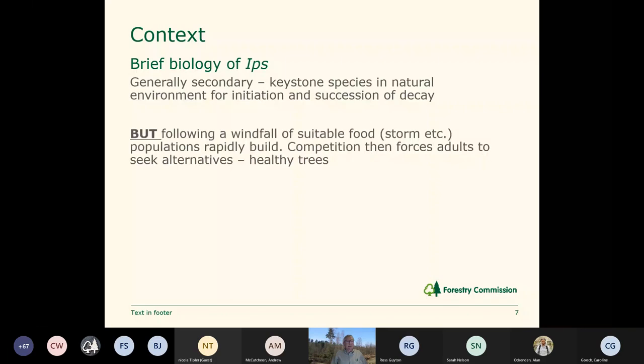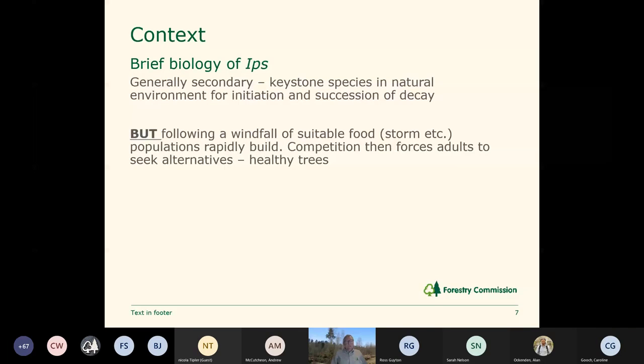Although it's a secondary pest, in the right circumstance, it can develop into really a primary pest, because the competition for resource builds up to such a point that the beetles start attacking very healthy trees.